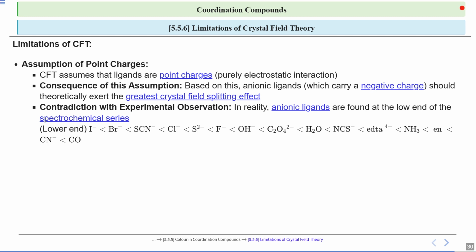Okay, so this is the experimental observation through which we observe the spectrochemical series, but the assumption made by the CFT is contradictory to this experimental observation, in which anionic ligands are found at the low end of the spectrochemical series, which should not be the case, because as a theoretical concept, an anionic ligand should exert the greatest crystal field splitting effect, right?